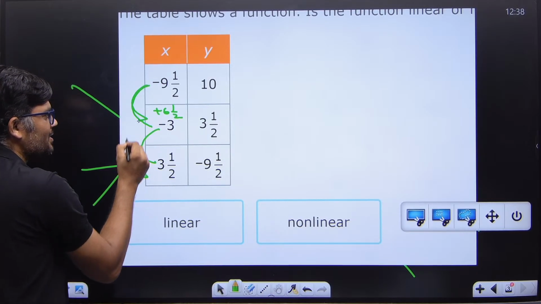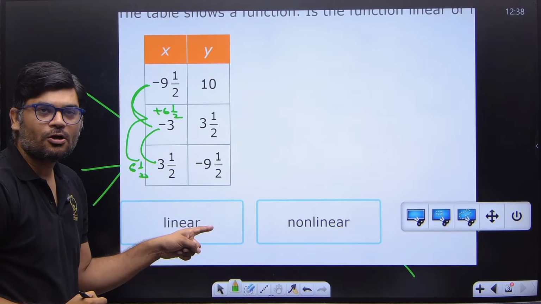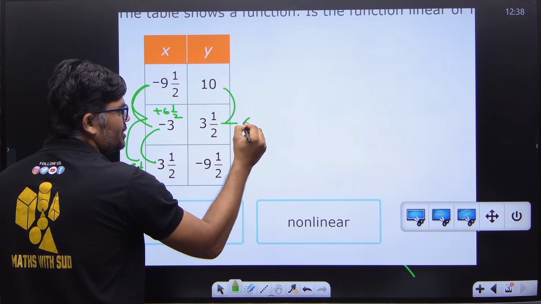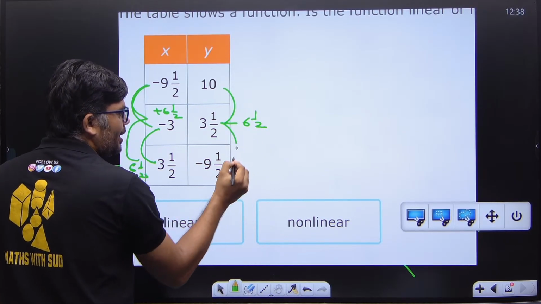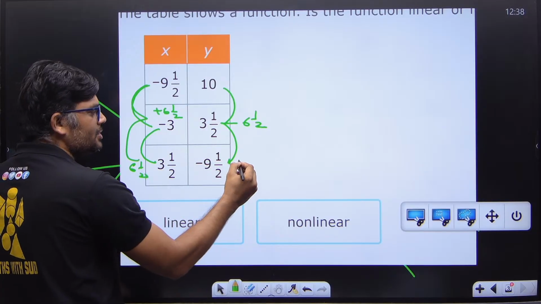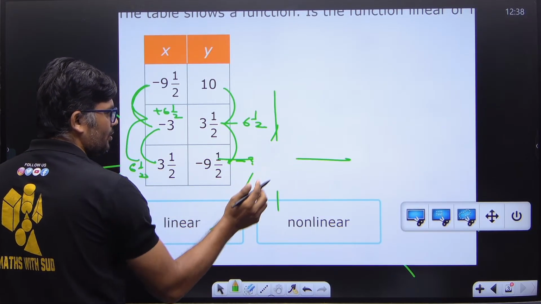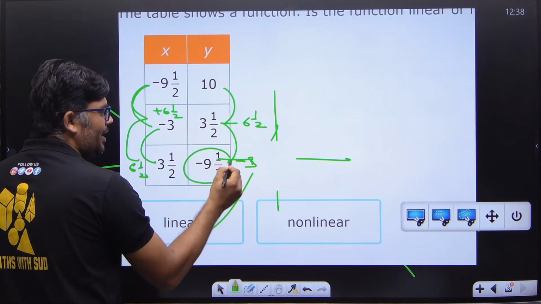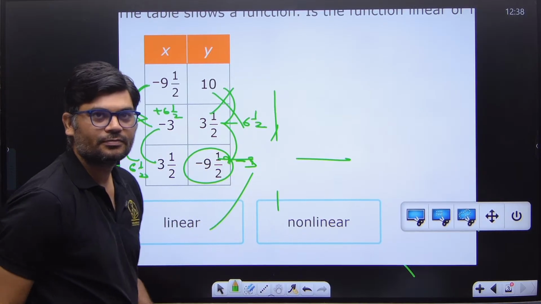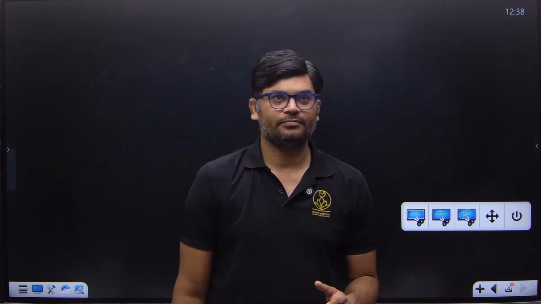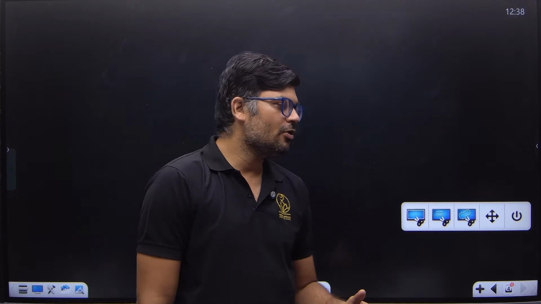So this part is the same, so this also has to be the same. Again if I go from here to here, this has to be minus 3.5 or minus 3. But this is minus 9.5, so it is not linear. Shrimoy, are you getting it, beta? The amount of change in the x has to be equal to the amount of change in the y.